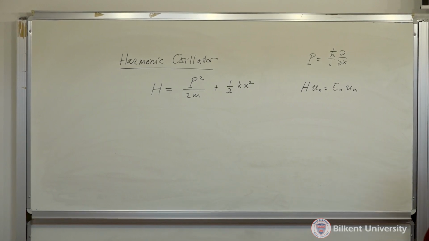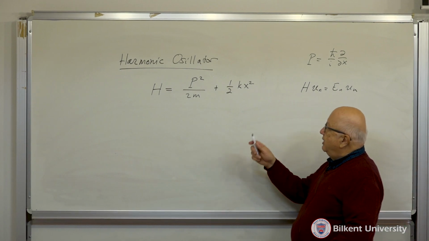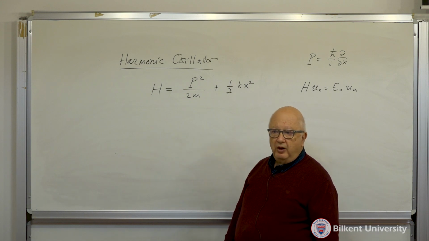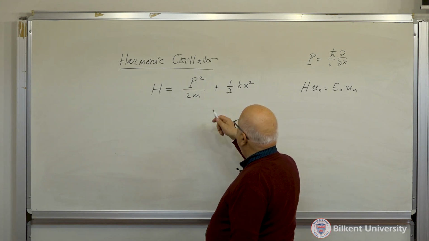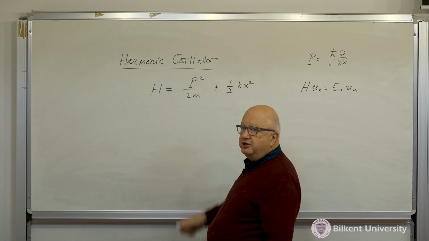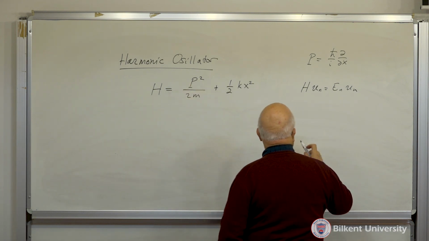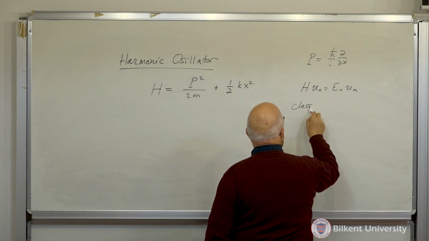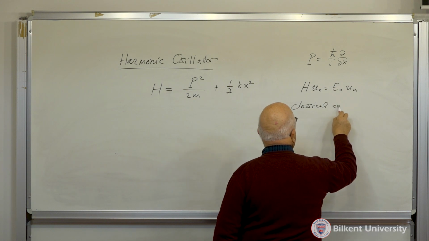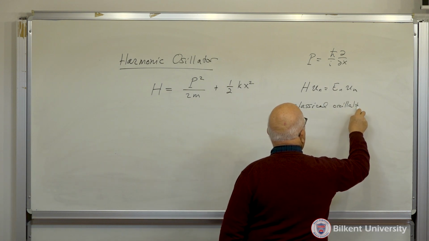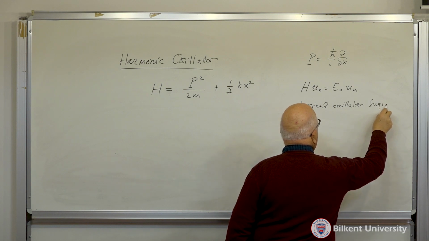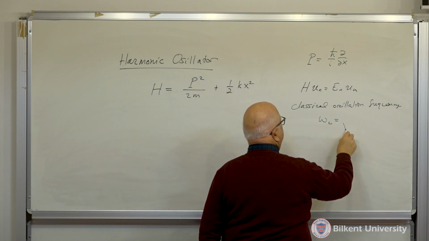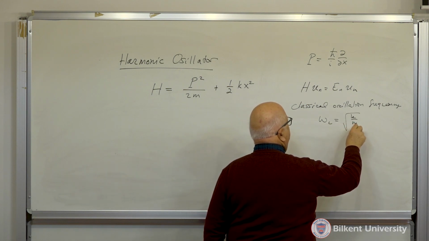Okay, so one thing that I can do is try to put this into some unitless form. To do that, I'm going to divide this by some energy. One energy I can identify is the classical oscillation frequency, omega classical, which is just equal to the square root of k over m, right?